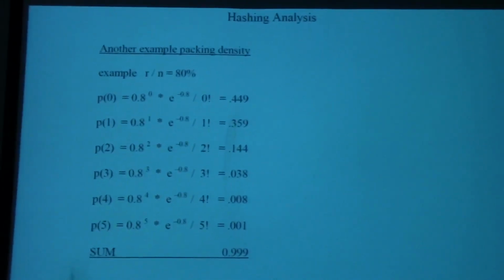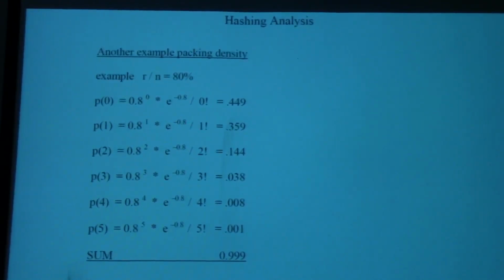So now our packing density is only 80%. That means 20% of the slots are never going to be used, even if you filled it 100%. There's just going to be 20% free space. So the probability of 0 increases to 44.9%.